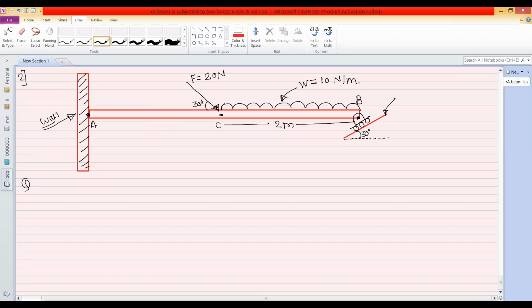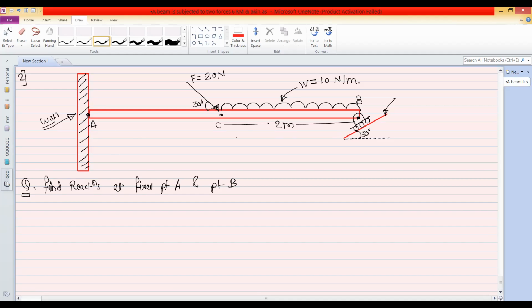So the question is, we have to find out the support reactions at fixed point A and point B. Point B is the roller support, and point A is the fixed support.